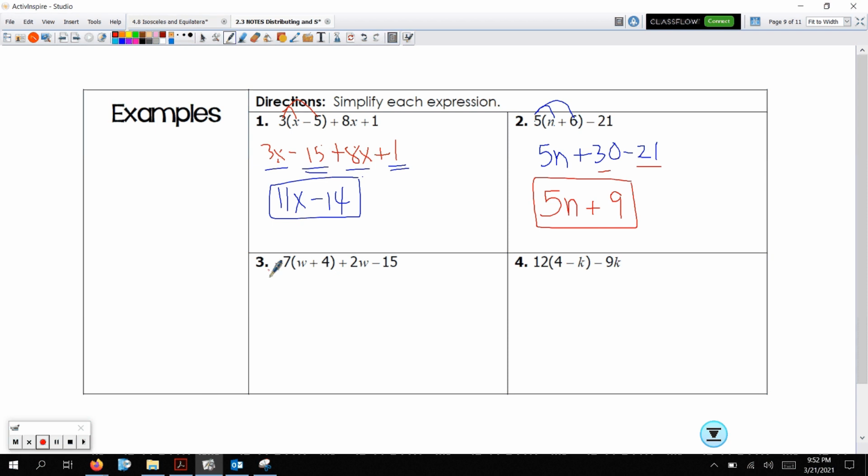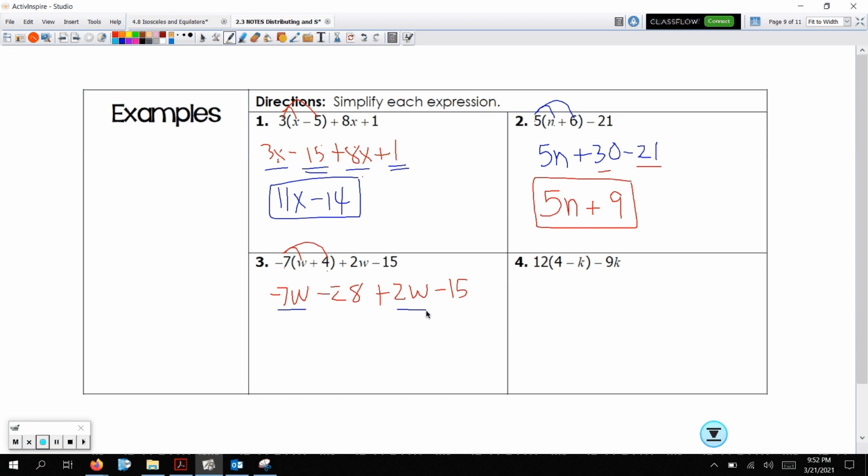Okay, number 3, I'm distributing negative 7 to the parentheses. Negative 7 times w, negative 7w. Negative 7 times positive 4 is negative 28. Bring everything else down. All right, let's look and see what we have here. We have negative 7w and positive 2w.